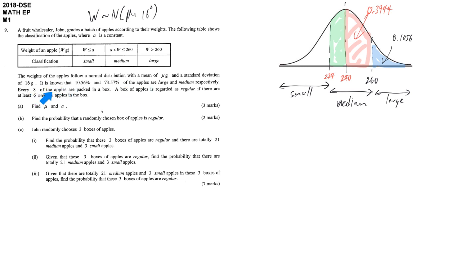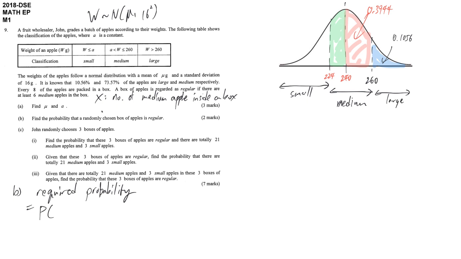And then they say that every 8 apples are packed in a box. And if there are at least 6 medium apples, we regard it as regular. I let x be the variable for the number of medium apples inside the box. So the required probability is x at least, that means larger or equal to 6.